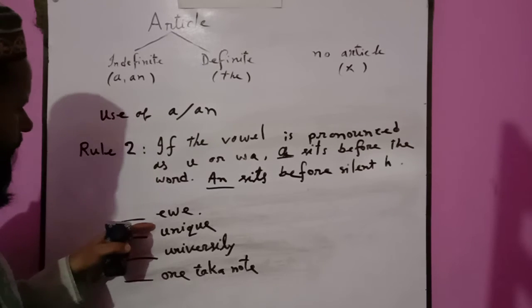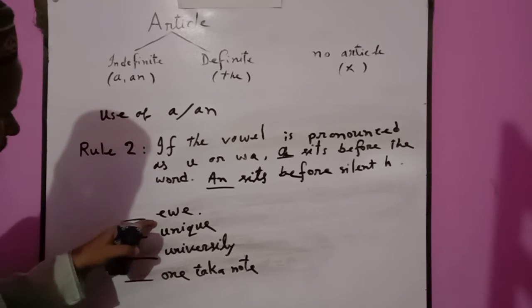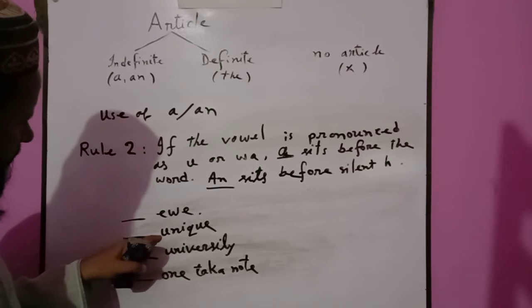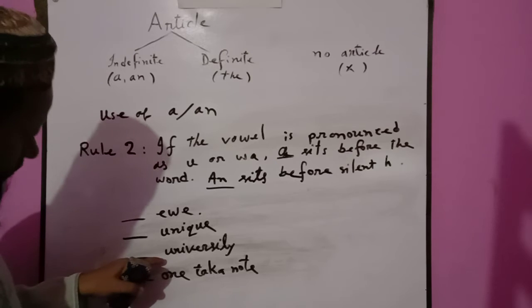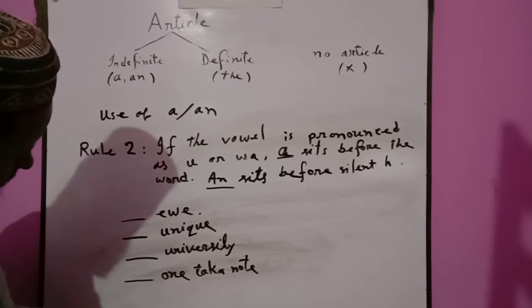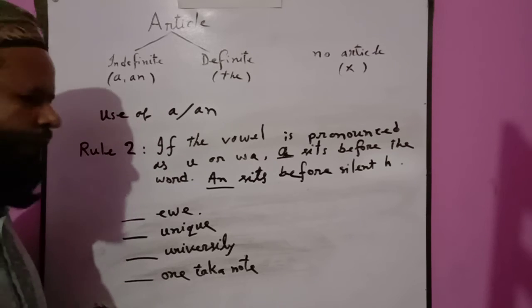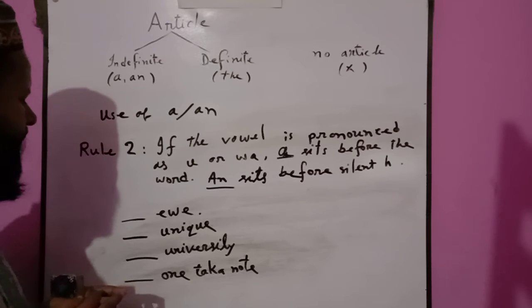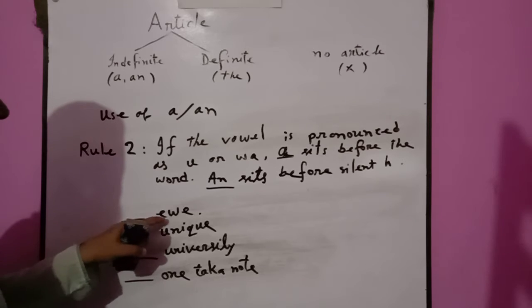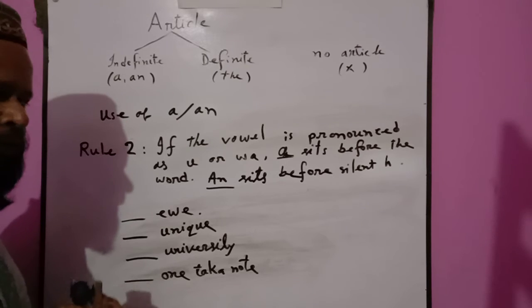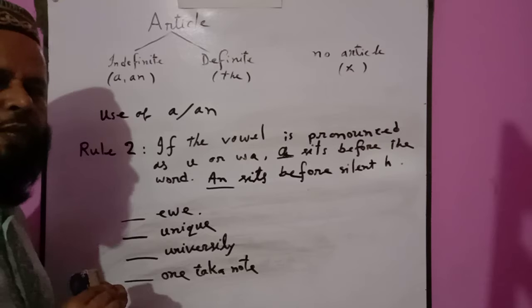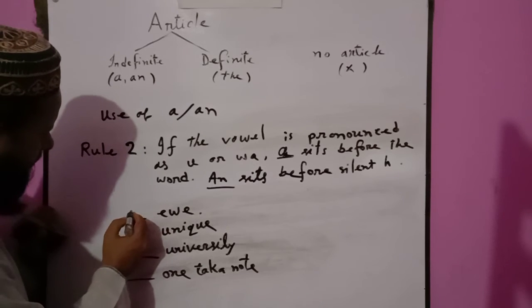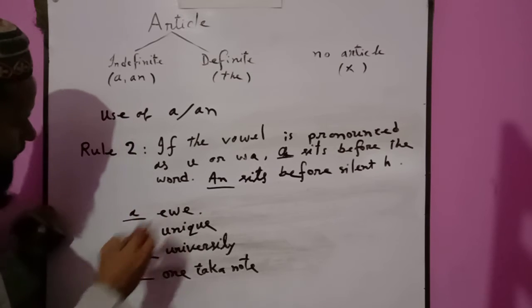In these words, there is a vowel in the beginning. U, E, U and O are vowels. But when we pronounce this word, EU is pronounced as long sound of U. So we shall use a before U.